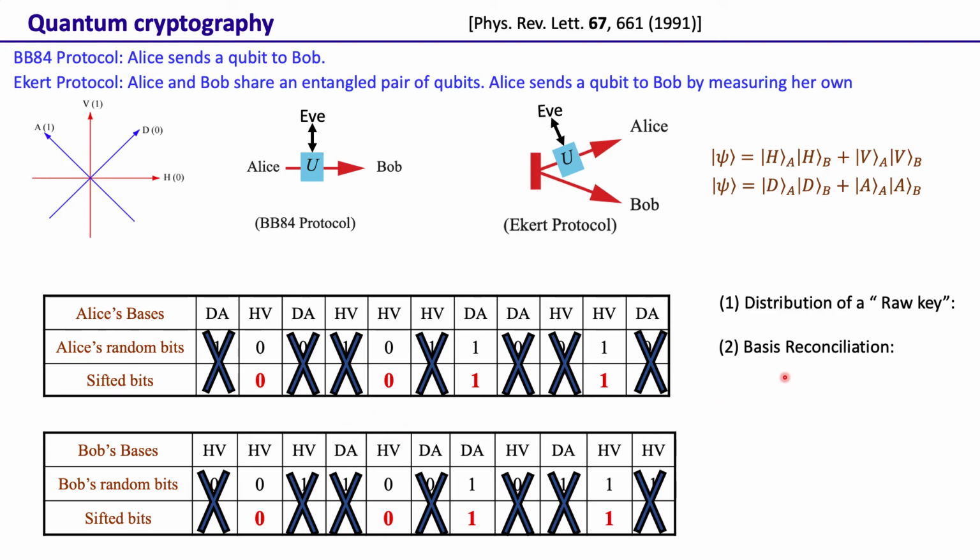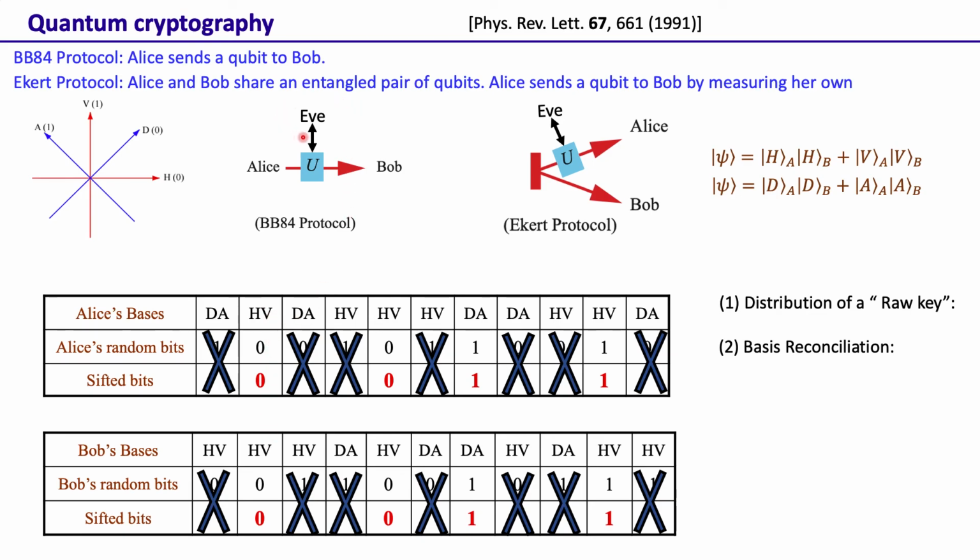So at the end of basis reconciliation, if there is no eavesdropping, then this will be a perfectly correlated string of numbers. But if there is an Eve in the system, and Eve tries to make some measurement, of course Eve has no idea at the time of measurement as to which basis Alice has sent the photon in.